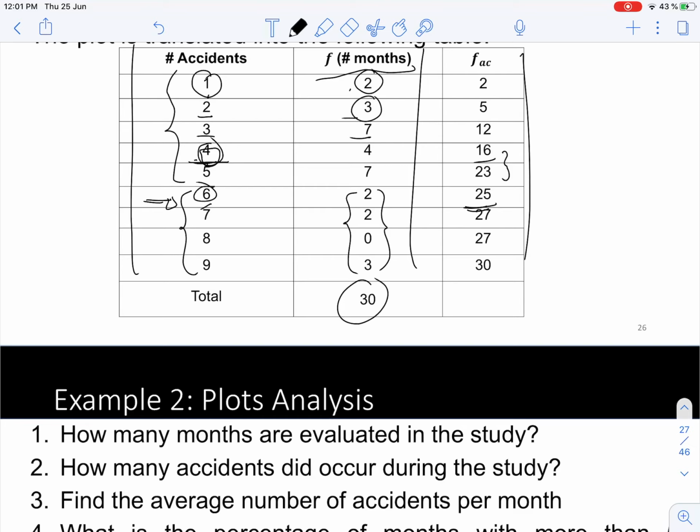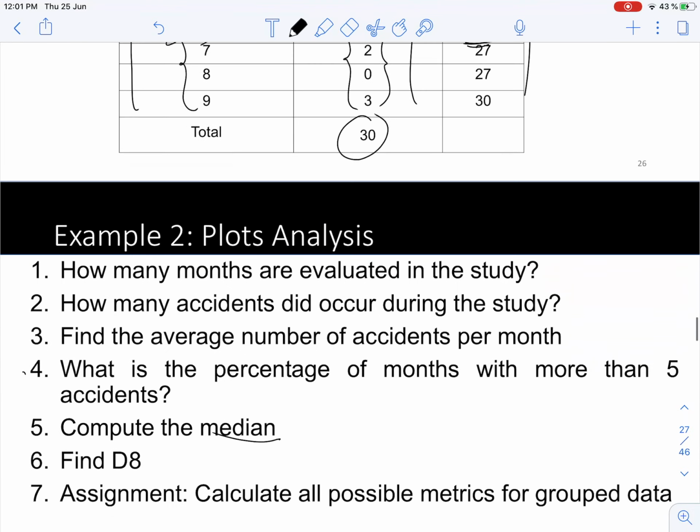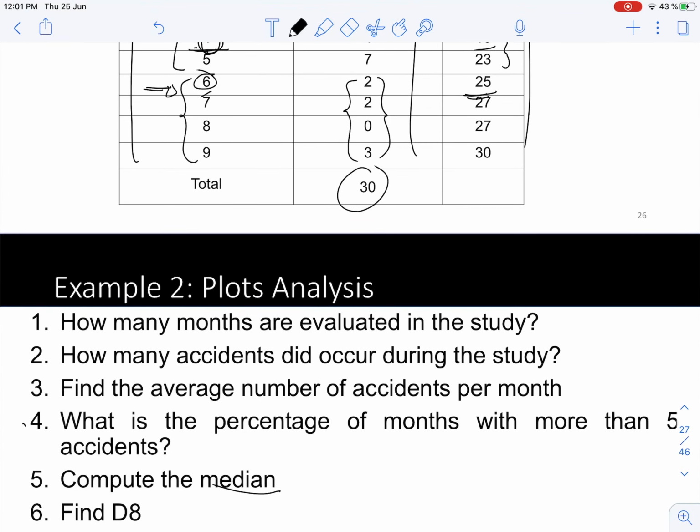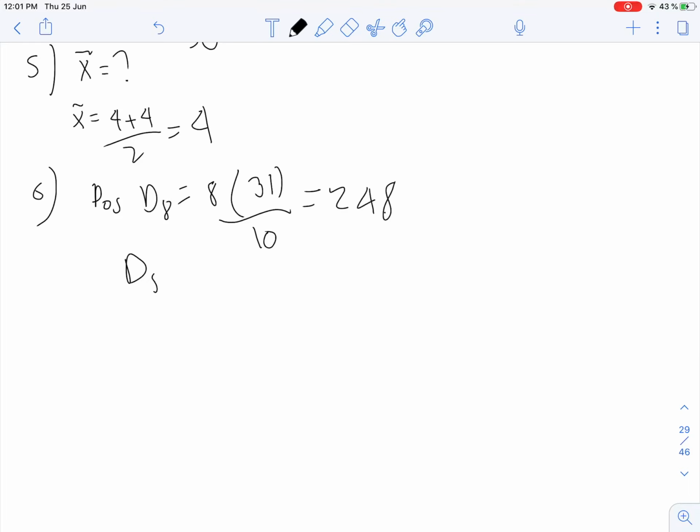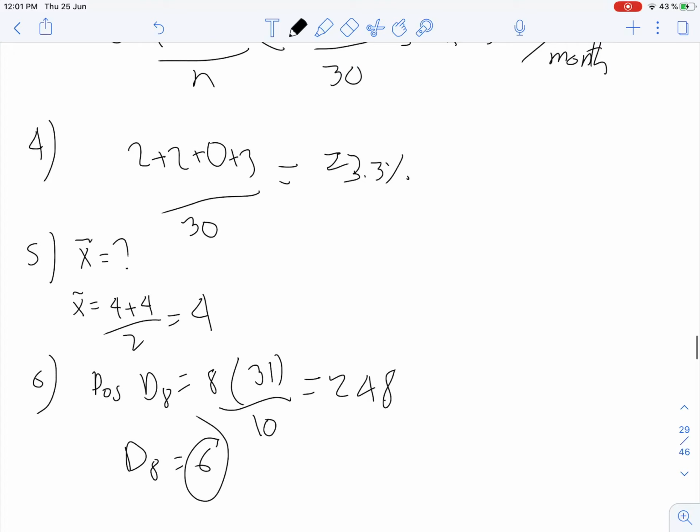So it's a linear interpolation, but since the value is the same, if you apply the equation, you will arrive at the same number because the two values that you are using are going to be 6 and 6. So you will get a 6, of course, as a result. So the 8th decile is equal to 6 accidents. That means that 80% of the observations are below or equal to 6 accidents.